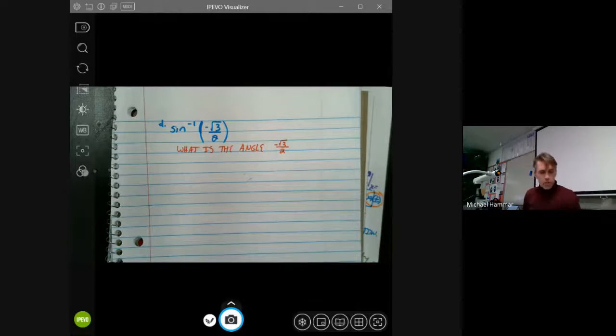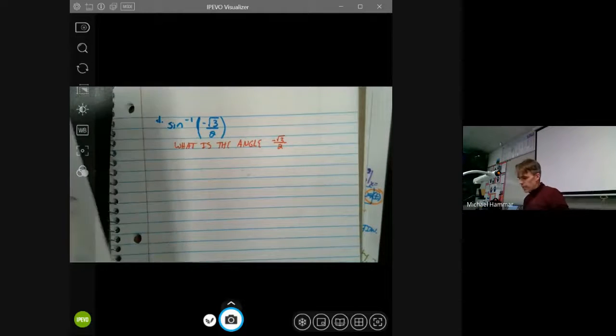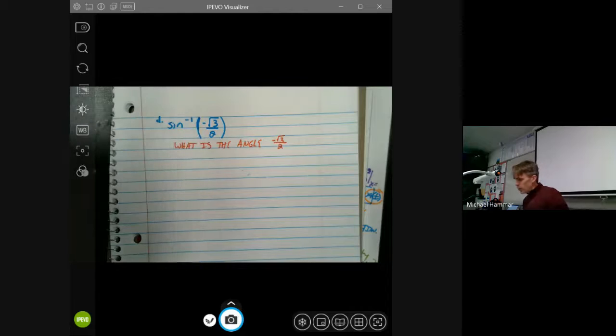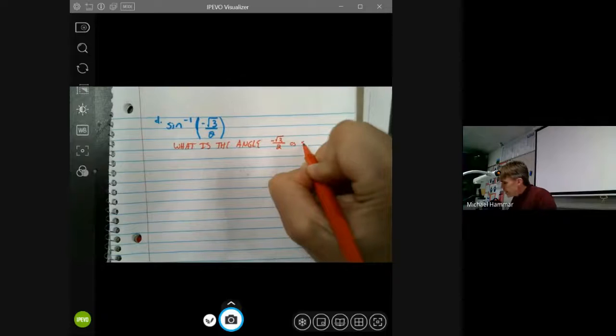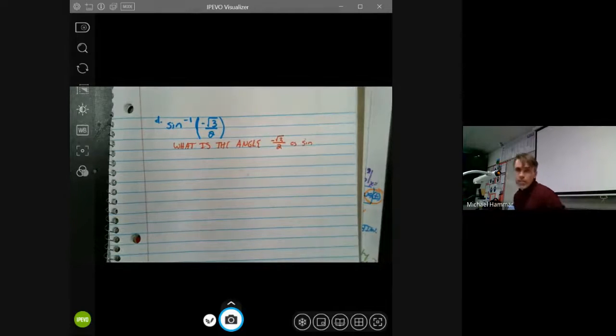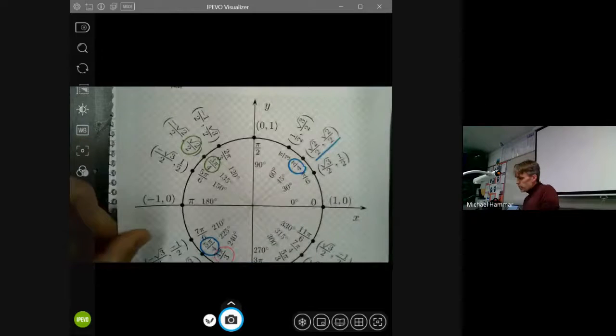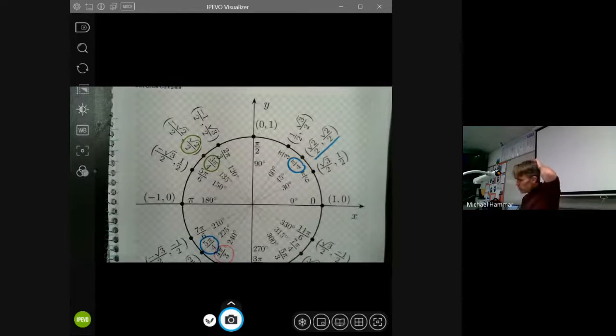Let's take a look at the one that has negative square root of 3 over 2 as its sine value. So what is the angle that would have that? Sine is the y coordinate.